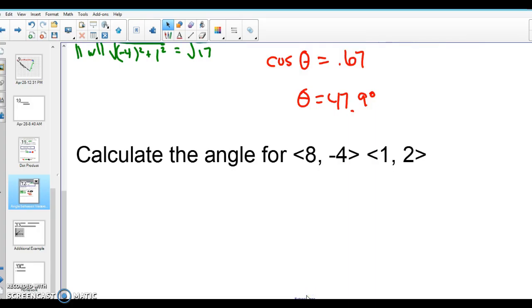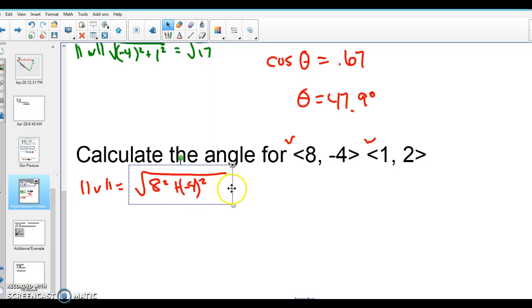What about the one that I said had a special property a minute ago? So I need to calculate, so the first vector, I'll call this one V, and this one W, just like before, 8 squared plus negative 4 squared, which would give me, let's see, 64 and 16.